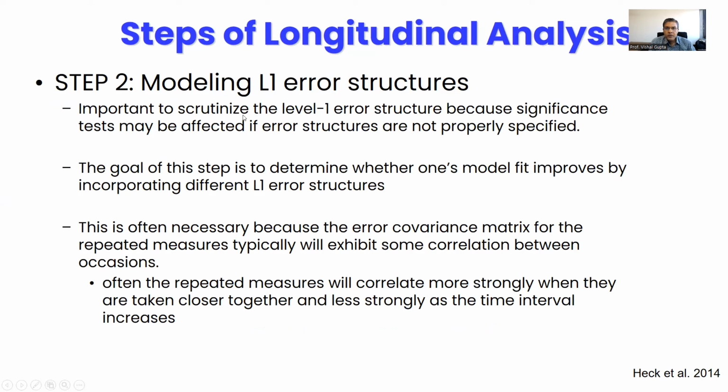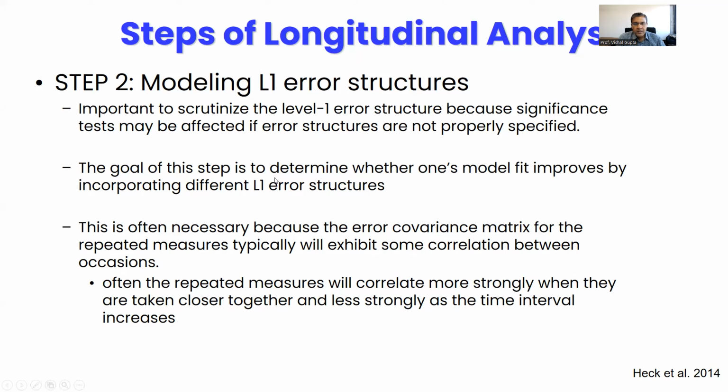It is important to scrutinize the level 1 error structure because significance tests may be affected if error structures are not properly specified. We have already seen that our residuals are going to be correlated to each other, and if there is non-independence, then the results may be impacted.